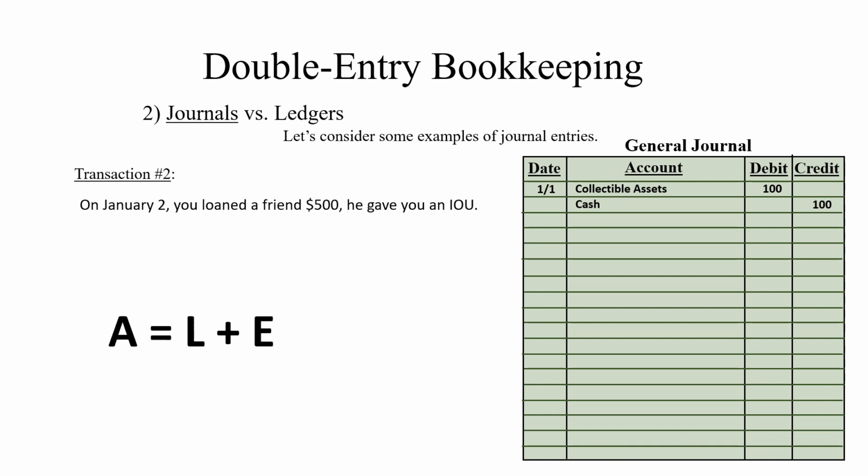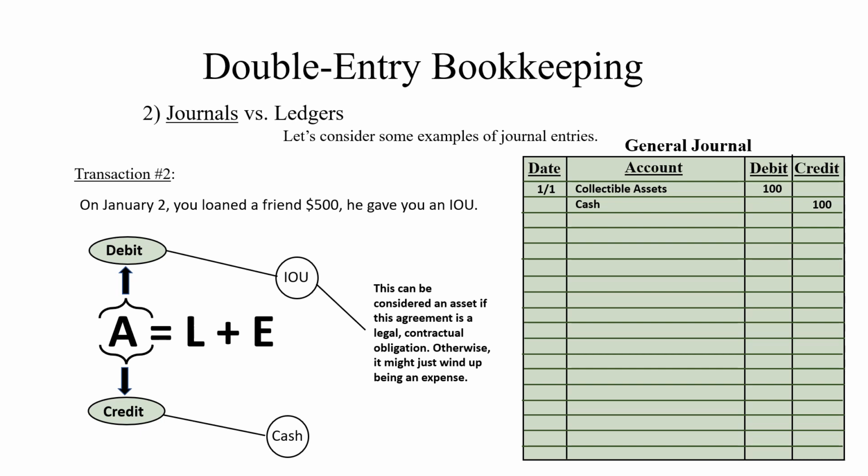Transaction number 2. On January 2nd, you loaned a friend $500 and he gave you an IOU. Now this IOU can be considered an asset if this agreement is a legal contractual obligation on the part of your friend. Otherwise, it might just wind up being an expense.